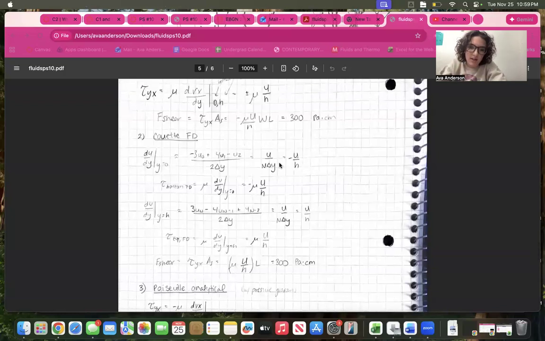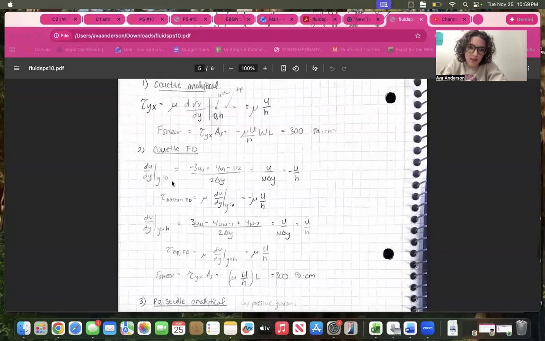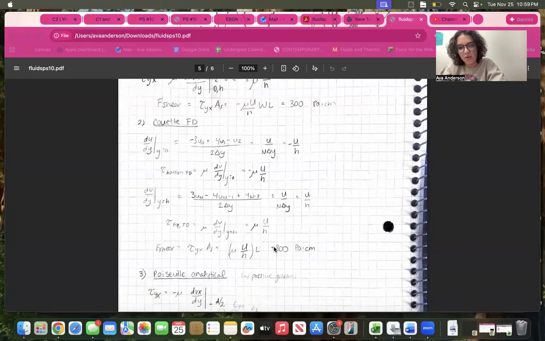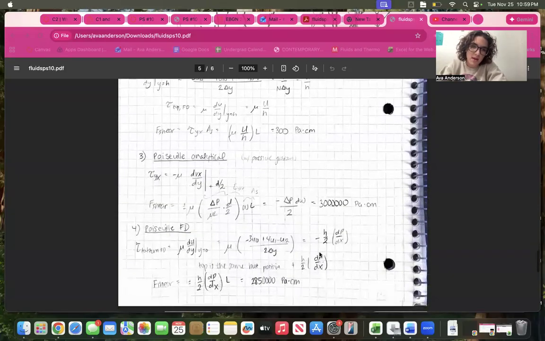For Couette finite differencing, you're doing the exact same thing with the F shear, but you have to solve for tau with rectangles again, and that gets you, once again, 300 pascal centimeters.